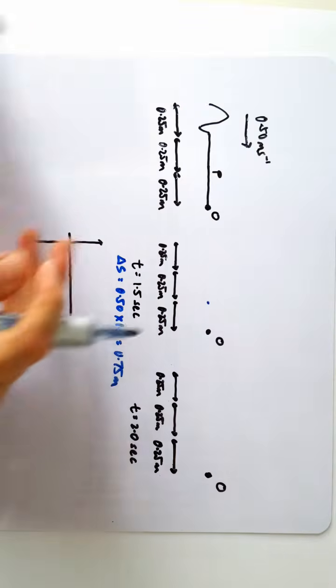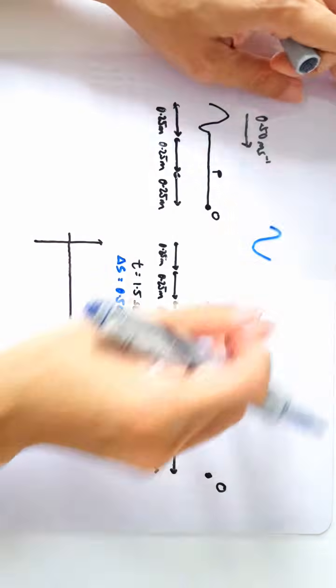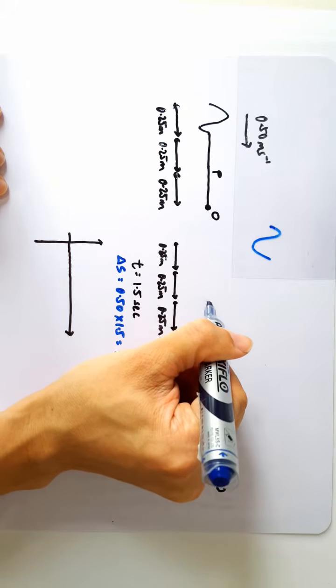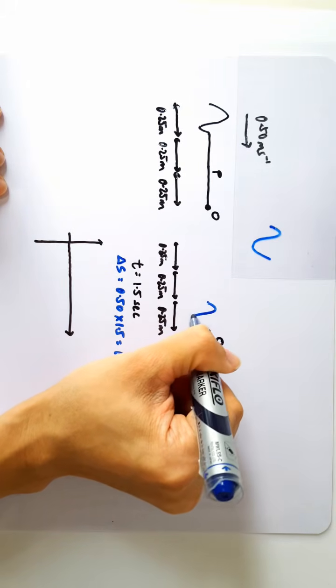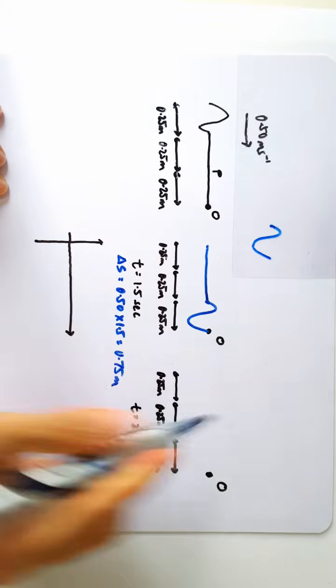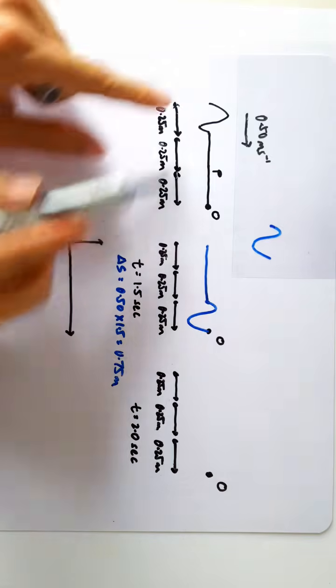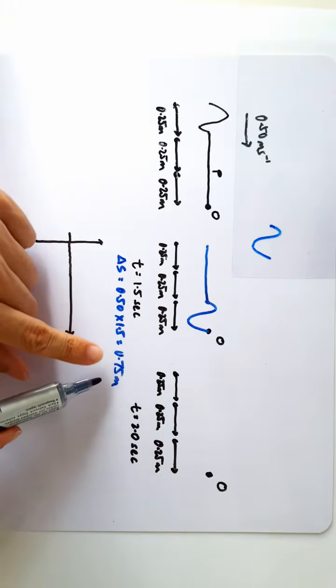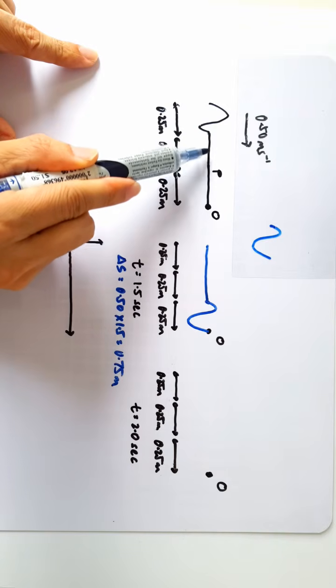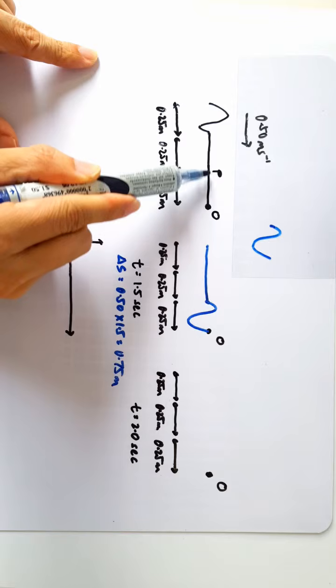And remember, I said that it's going to be reflected in this manner. So at this time, the wave would have just reached here, and this is what the string looks like. Alright, I repeat, because the wave pulse has progressed by 0.75 meters, this point here will have moved 0.75 meters, which will have brought it back here.